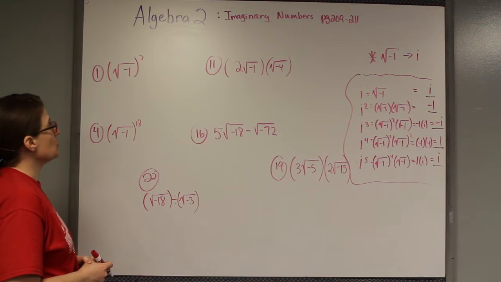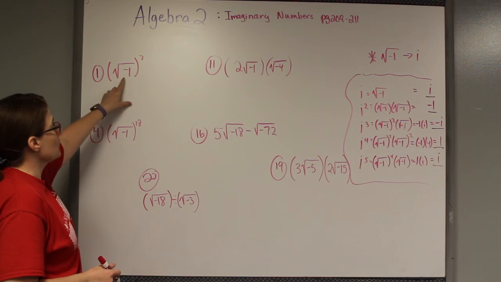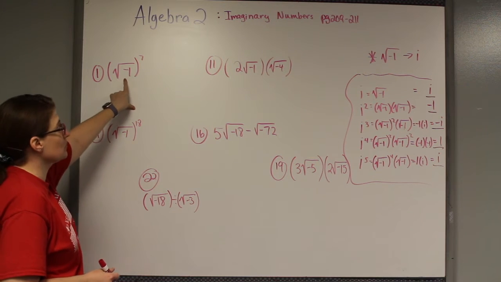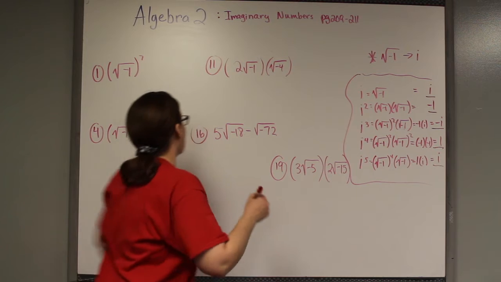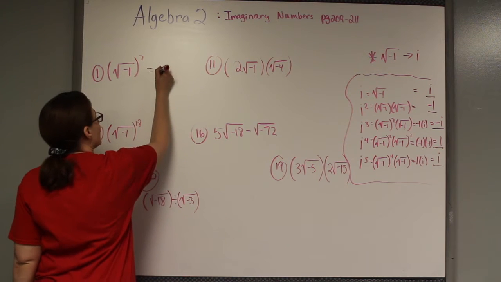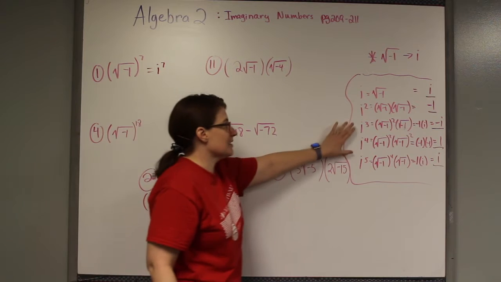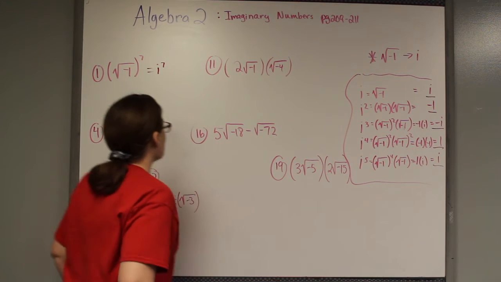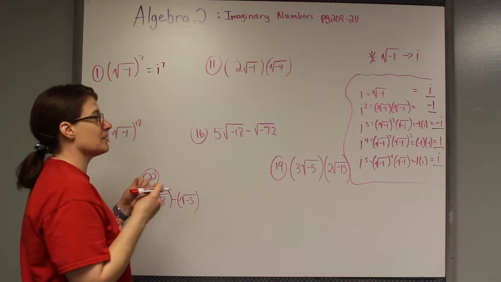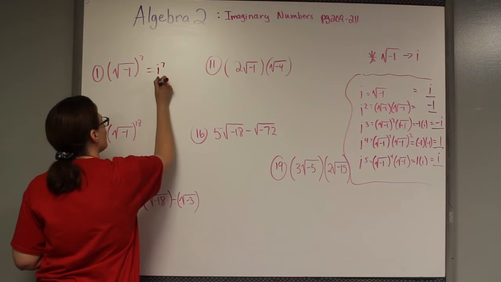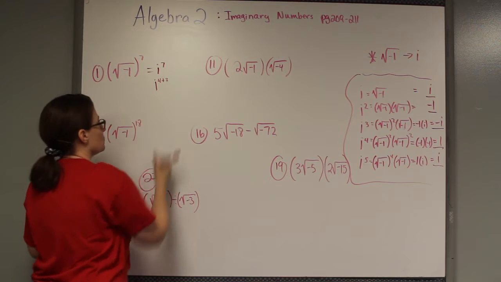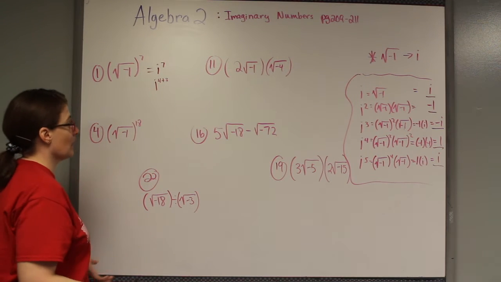What you want to do is break that down. First of all, this is the square root of -1, which means it's I. So I'm going to write this as I to the 7th. Then I'm going to break it down into something that's in this chart. Remember, exponents, we add them together. So I could break this down to I to the 4 plus 3, because 4 plus 3 makes 7, correct?